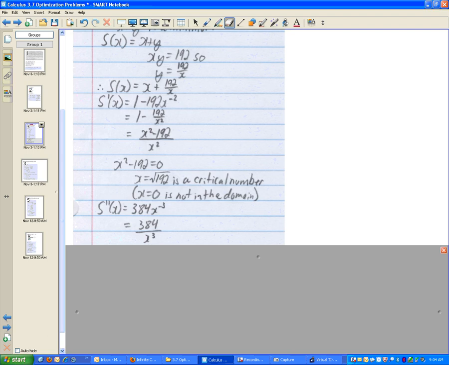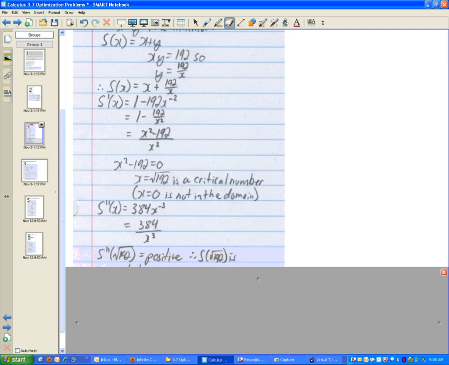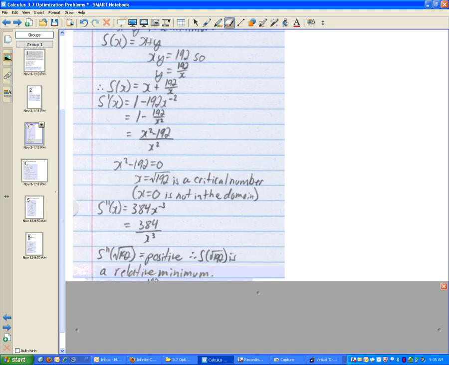When you substitute a positive square root of 192 in x, do you get a positive second derivative or a negative second derivative? Positive. So we can say this. S double prime of the square root of 192 is positive. Therefore, S of the square root of 192 is a relative minimum.